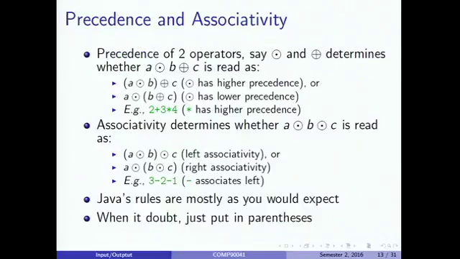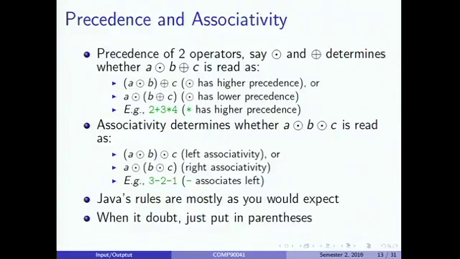Okay, precedence and associativity. So whenever you have two or more operators connected together with no parentheses, there's a question of grouping. Where do the implicit parens go? So if I have two operators, whatever they are, so these just are stand-ins for whatever operations they happen to be.